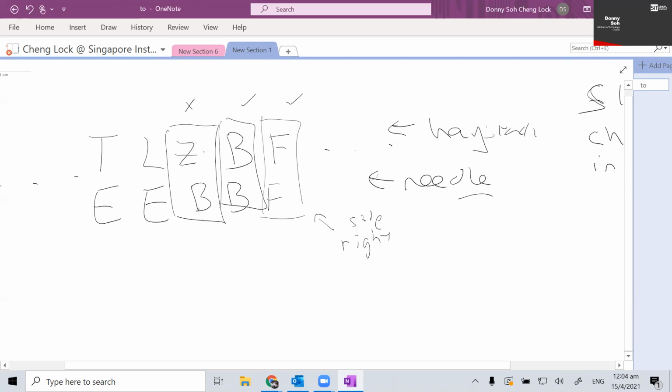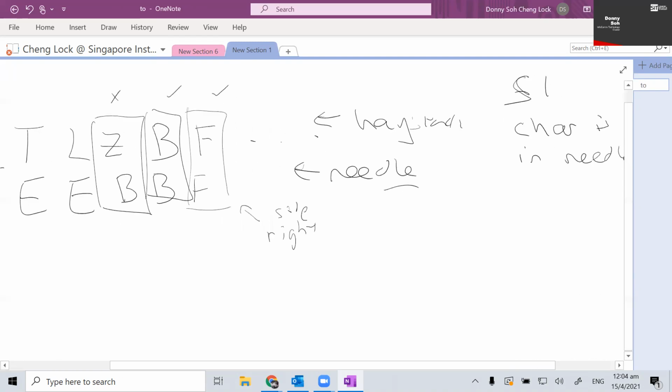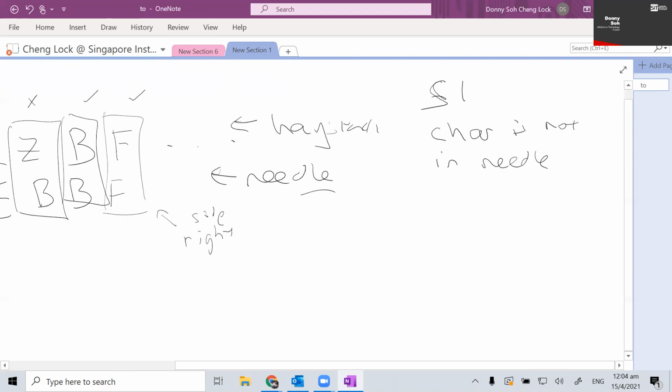Okay, so let's look at the first scenario whereby the mismatched character is not in the needle.